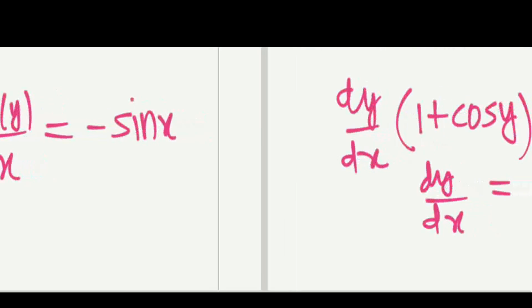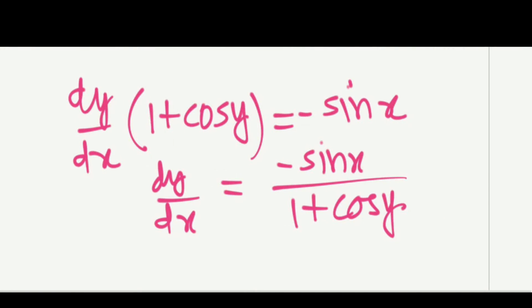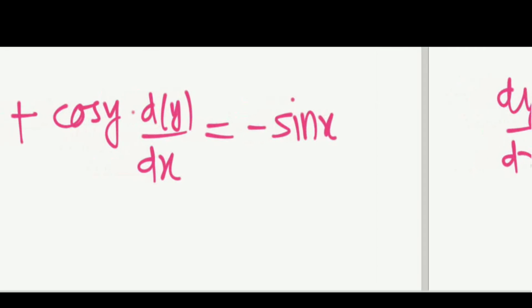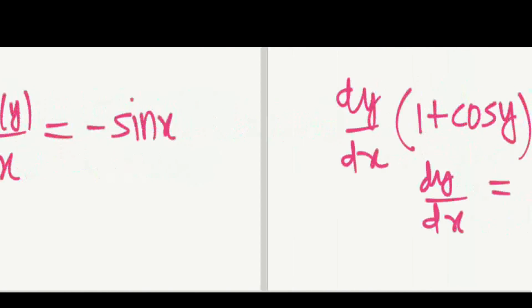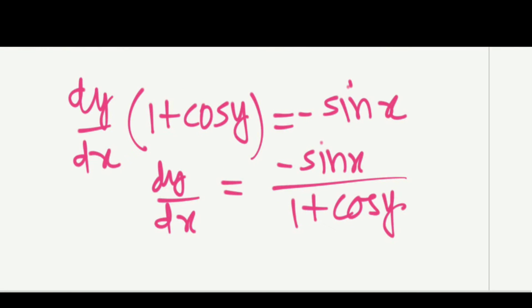In the bracket we get dy by dx into (1 plus cos y) equals minus sin x, and taking these terms to the denominator, we get the dy by dx term. So we get the final answer, that is dy upon dx equals minus sin x upon 1 plus cos y.